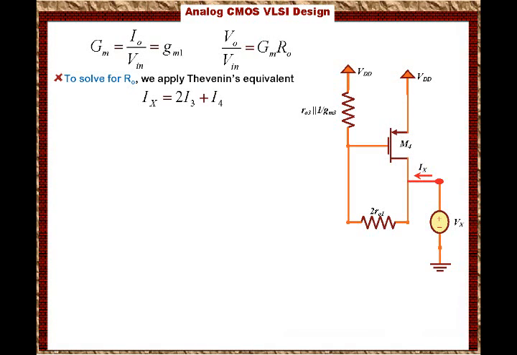And this is a little bit confusing, but let me show you why we wrote it this way. Because there is current that will go through RO4 that is caused by Vx. Remember that it is AC current, so that means the VDD is also grounded, right? From Vx, there is current that will go through RO4, the output resistance of transistor 4, and there is a current that will go through transistor 4 because of the current flowing through transistor 3.